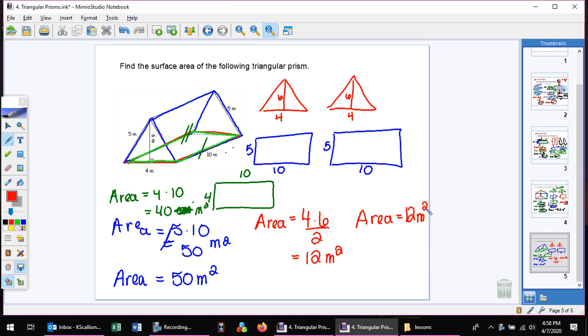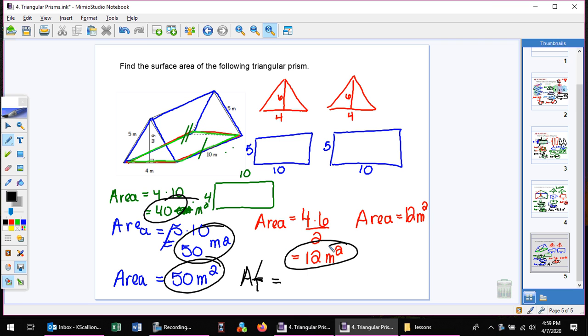So my total area is going to be 40 plus 50 plus 50 plus 12 plus 12. So I have 164 meters squared.